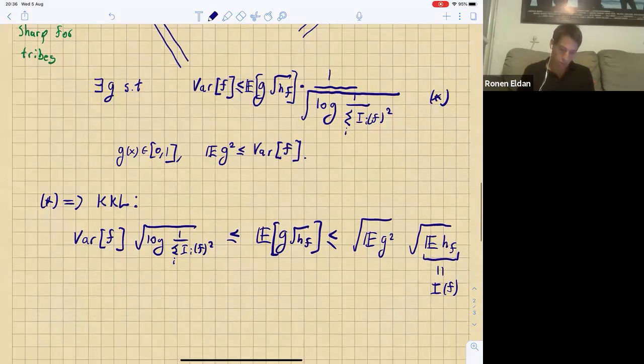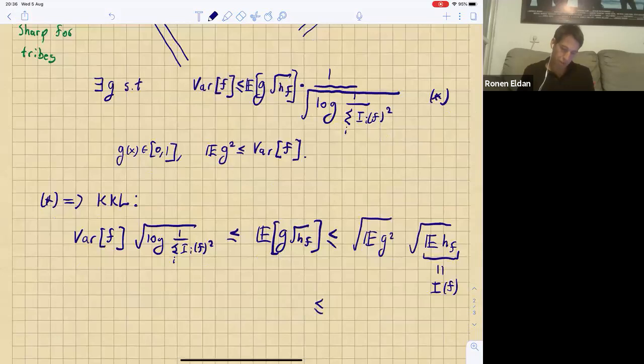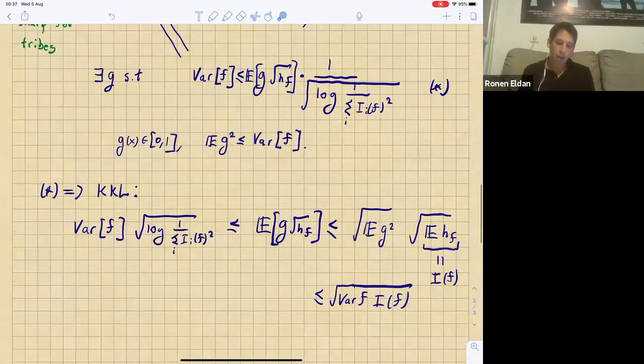So this is at most root variance f times total influence. And now I can divide both sides by the square root of the variance of f.